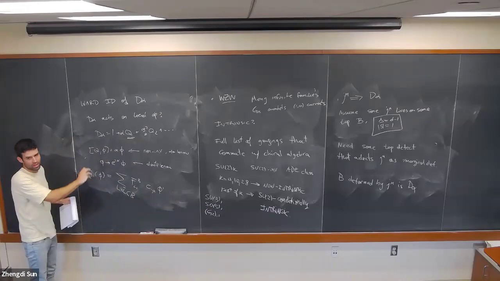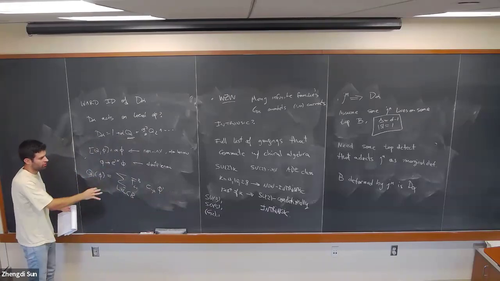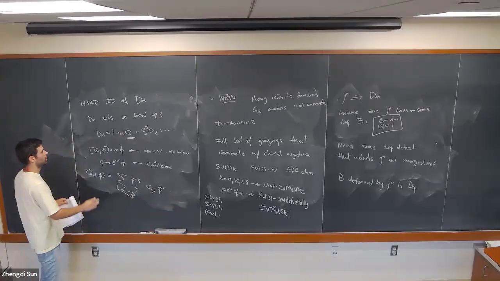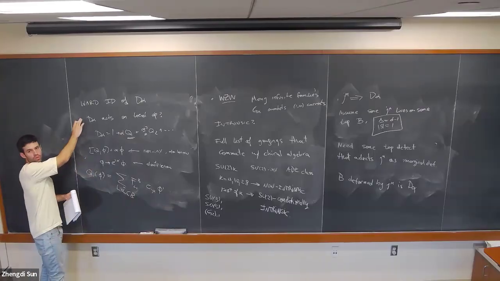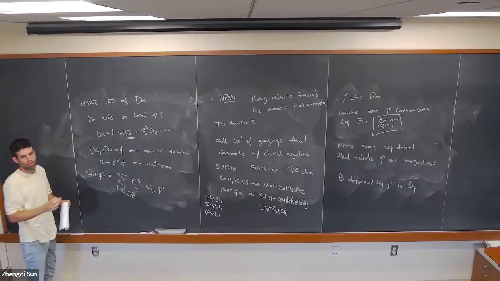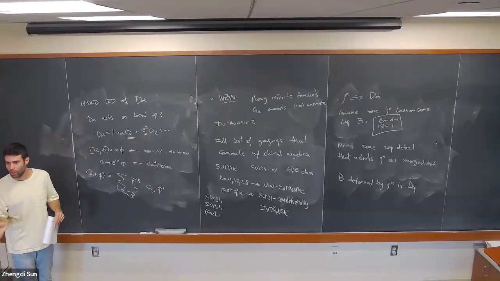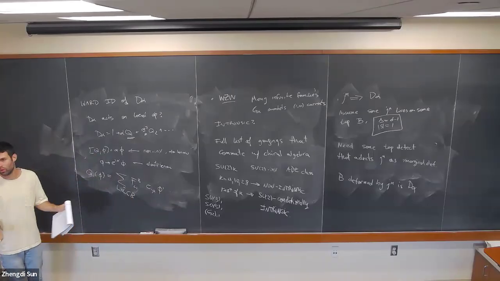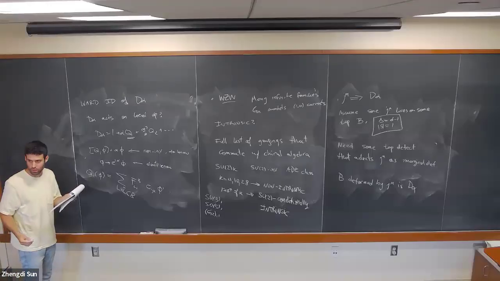So even at the infinitesimal level, it's a very complicated action, but it's a non-trivial action. This is like the first step to finding the action on local operators, and once you know the action, you will know the Ward identities. So to answer your question, we don't know what the constraints are. We know that some constraint exists. It's a non-trivial constraint because this action is non-trivial, but we have no idea what it looks like in detail.